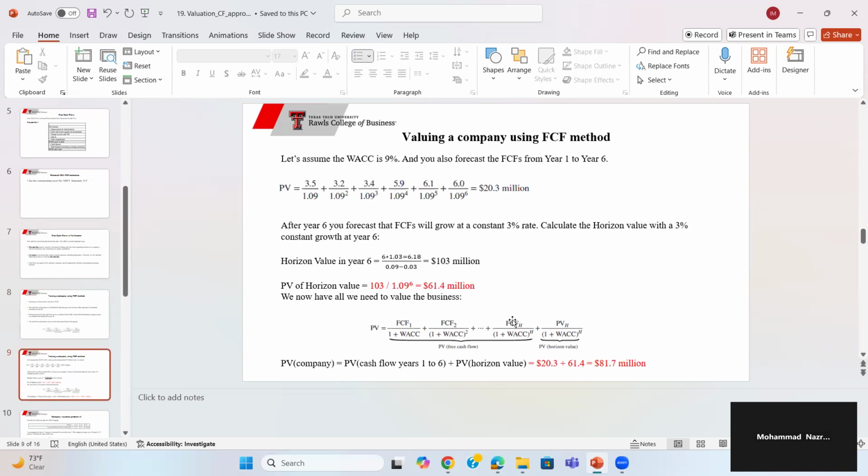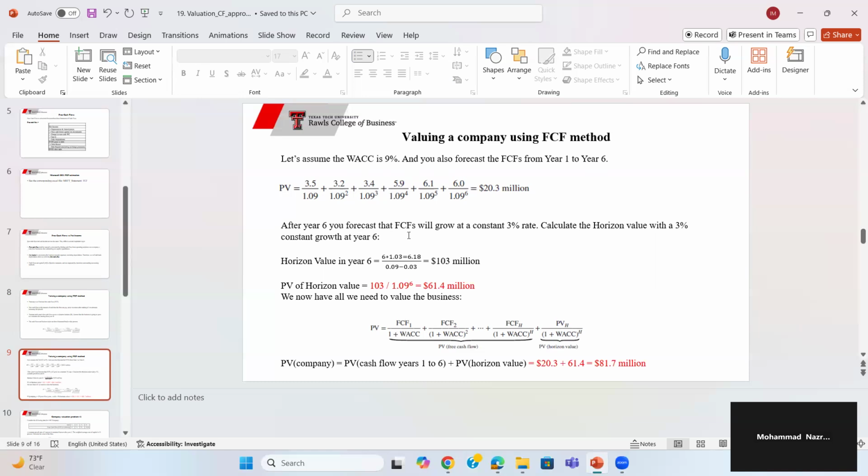It will be very clear if you see the practice question here. There are 6 years of free cash flow, year 1 to 6, and the weighted average cost of capital is given as 9%. So we discount by 1 plus 9%, which is 1.09, for each of the cash flows over 6 years.